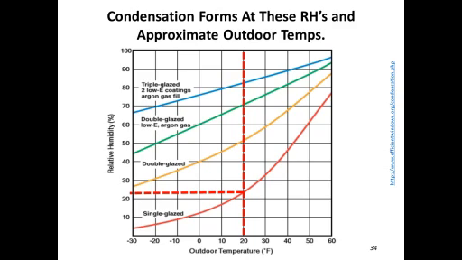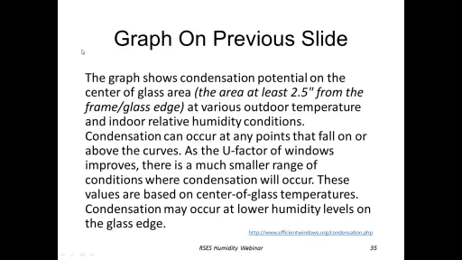But if I was to change out those single glazed windows and go to double glazed low E windows that are argon gas filled, I could have a much higher humidity level at the same outside temperature without forming condensation on those better windows. And the next slide just gives you a little more detail, and I'll let you guys read that at your leisure when you go through this later to review.